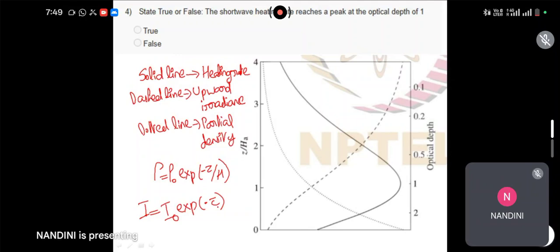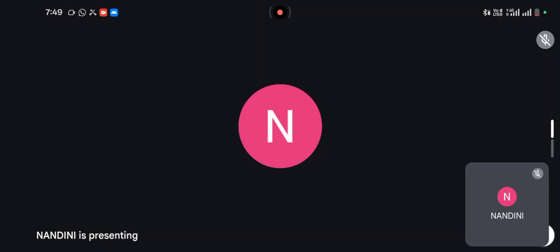So we know that tau is given by K nu absorption of i into rho i, where rho i is the partial density, and K nu absorption is the species that it is encountering. So tau is also varying with respect to height.